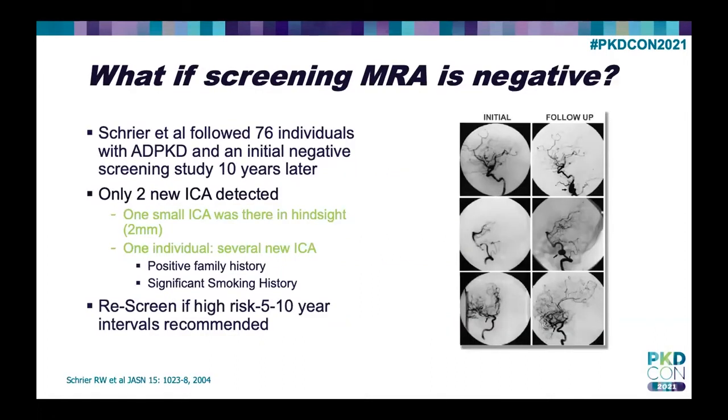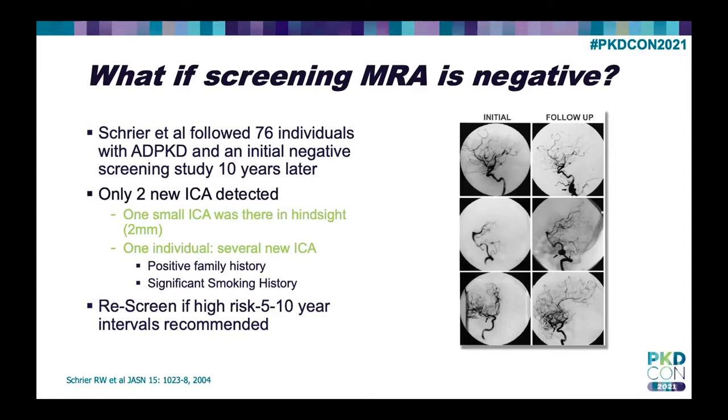This is a question that comes up a lot: what if you get screened and the MRA is negative, then what? The data that I'm showing you is, I think, the only main study that I could find, and this was done by Robert Schrier at Colorado, where he looked at 76 people with PKD who had an initial negative screening study, and then he repeated it at 10 years for everybody.